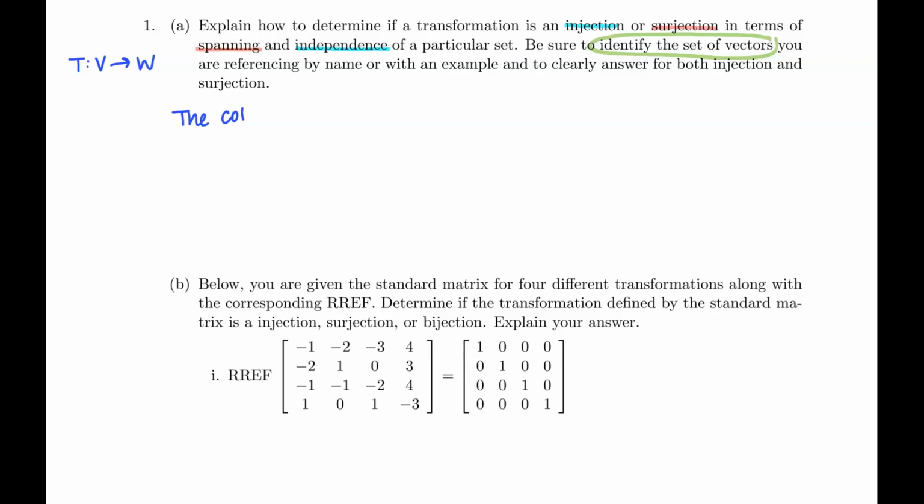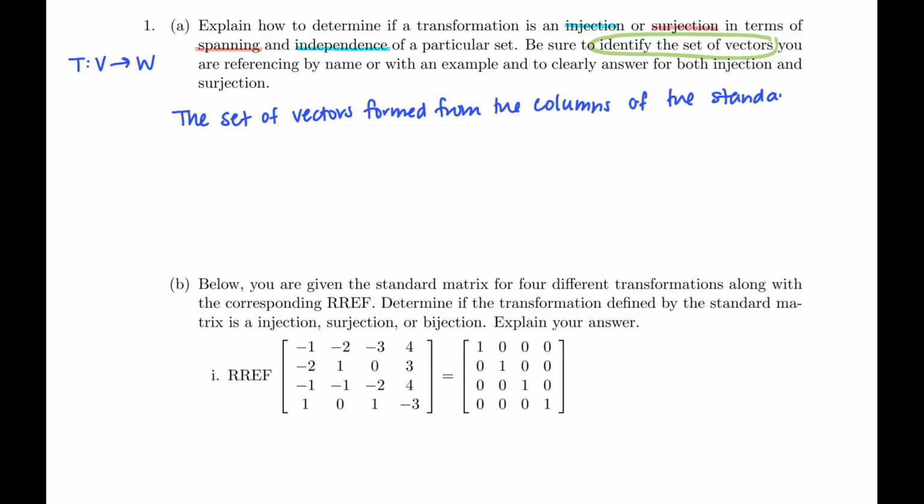We could talk about the columns, and maybe we'll be better about this and say the set of vectors formed from the columns of the standard matrix.